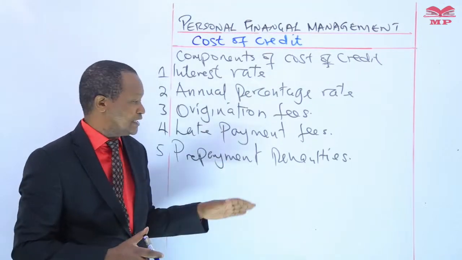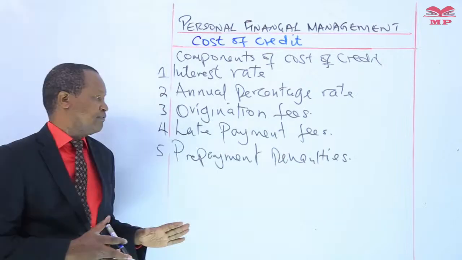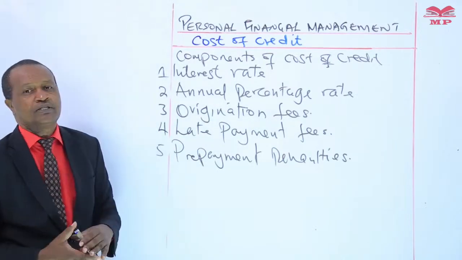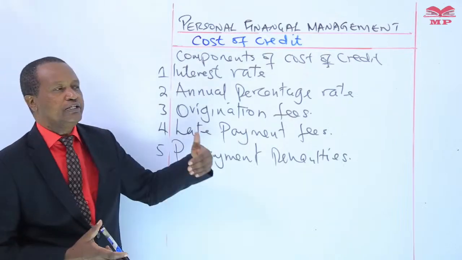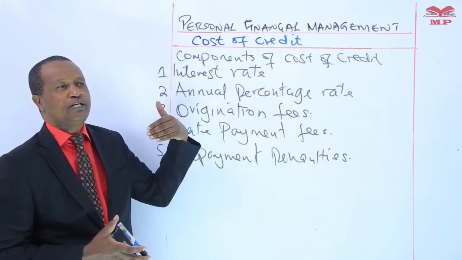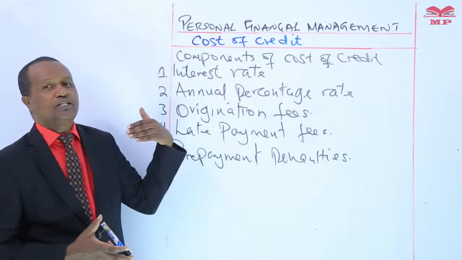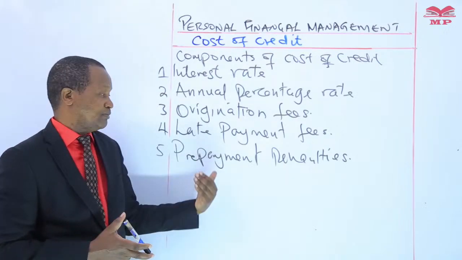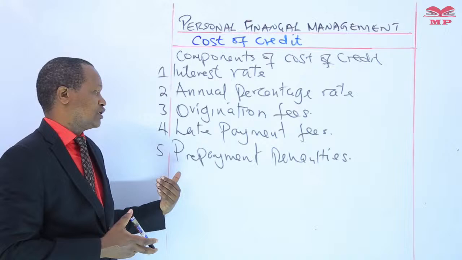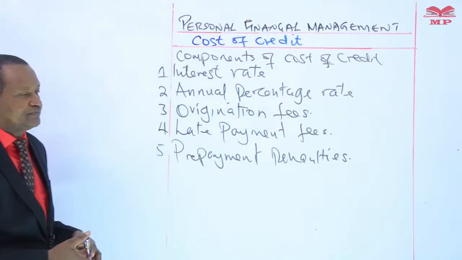So the lender may charge you for prepayment. Some lenders charge a fee if you pay off the loan early. If it's to be paid in 5 years and you choose to pay it in 4 years, some lenders can charge you what we call a prepayment penalty.